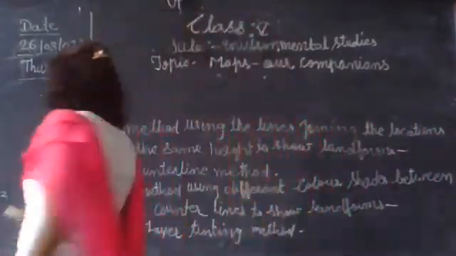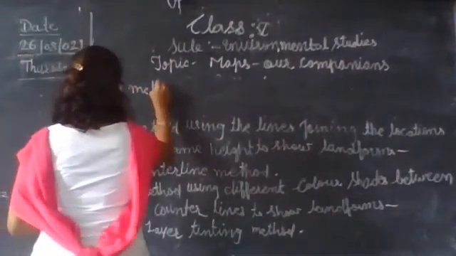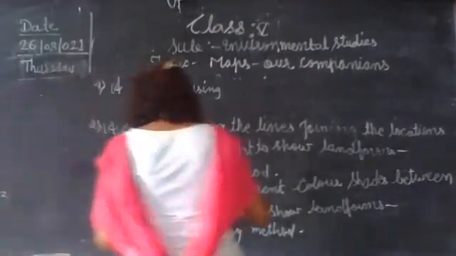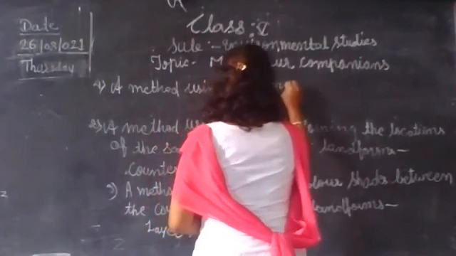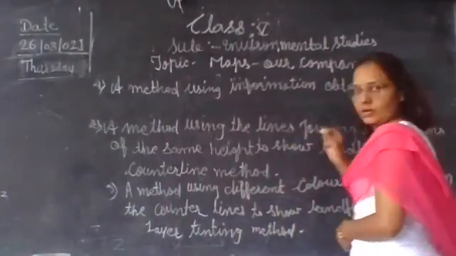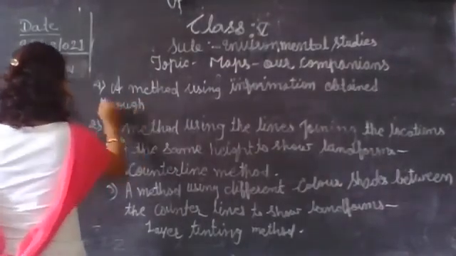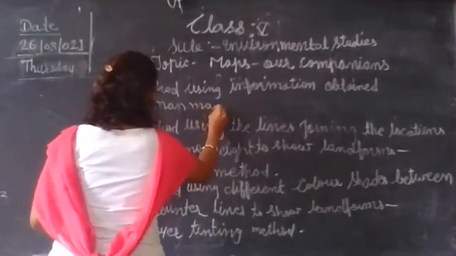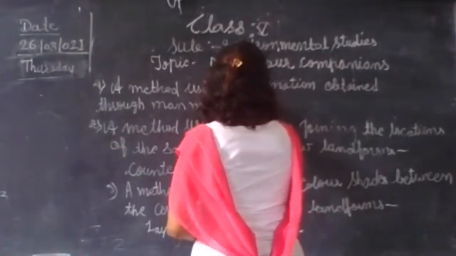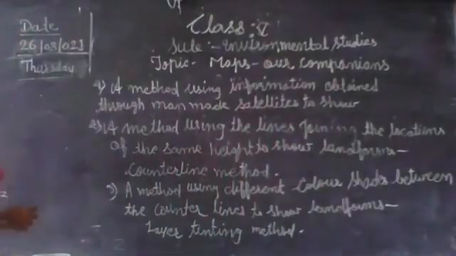Number 4, a method using information obtained through man-made satellites to show the landforms.